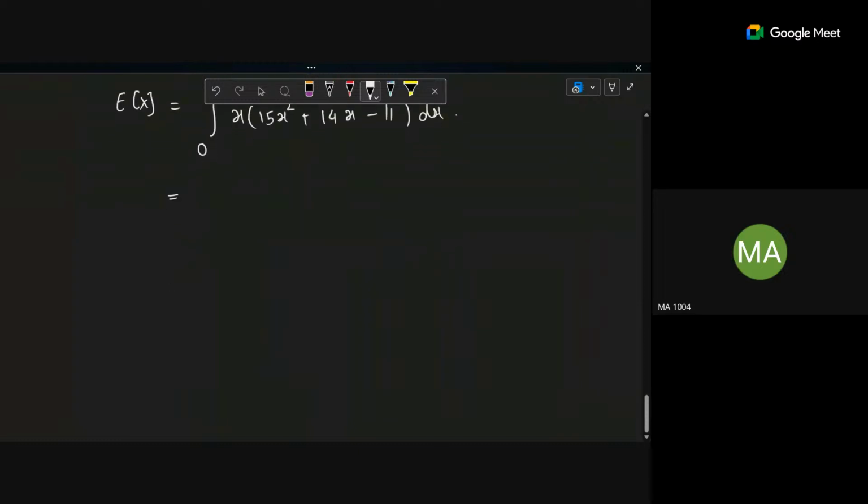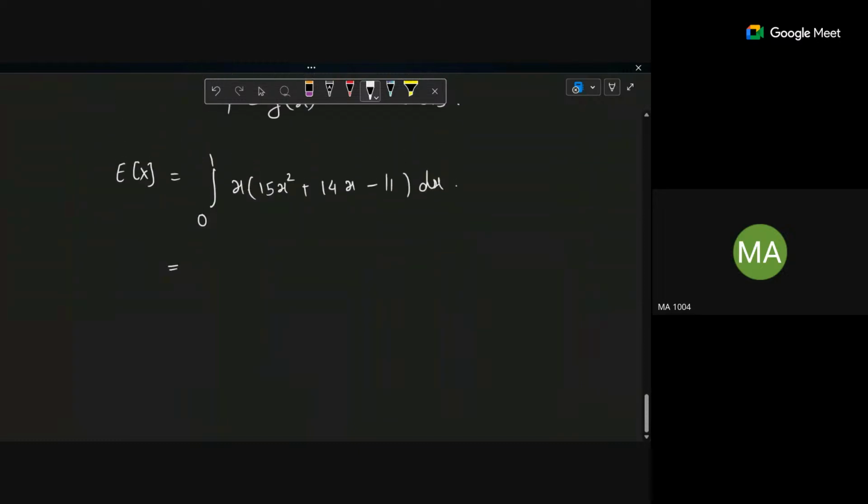If you have any doubt, then just tell me. So it will become 15 x power 4 by 4 plus, on integration, 14x square becomes x cube by 3, minus 11x becomes x square by 2, over the limit 0 to 1.